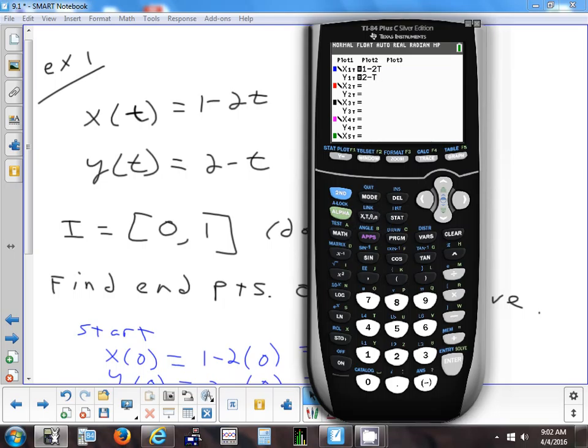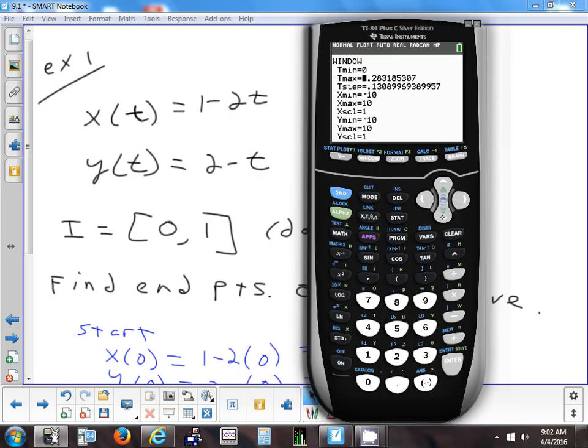We still have to put in this interval. To do that, we're going to go to Window. What do you notice there that we didn't have before? T. Yeah, all the stuff with t: T min, t max, t step. T min is the lower value in my interval. T max is the higher value.